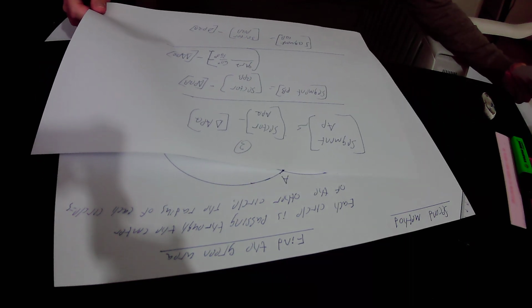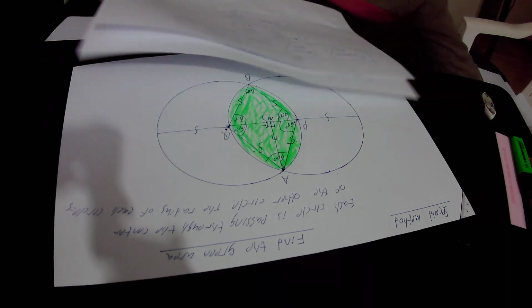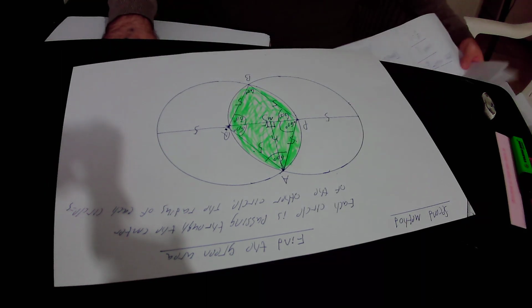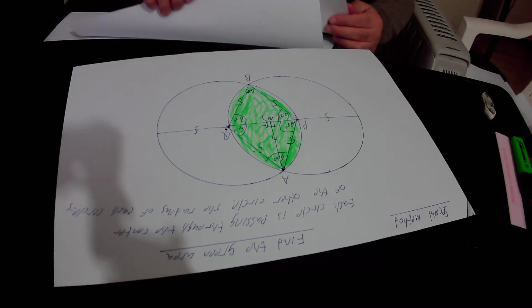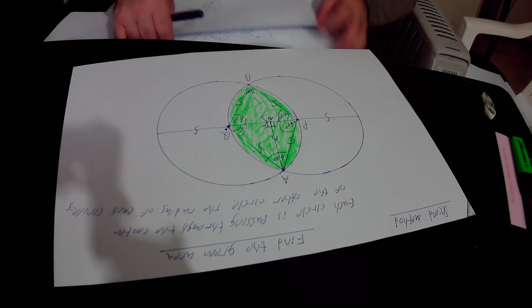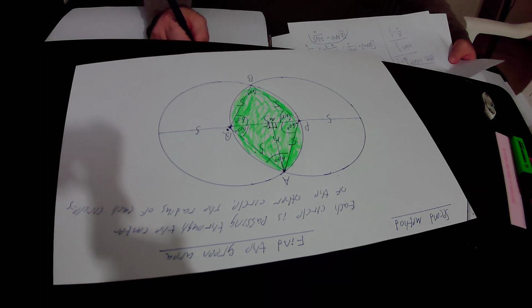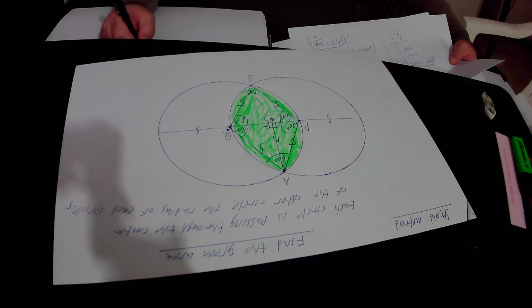So, the required area will be equal to 2 times the area of triangle APQ plus 4 times the area of segment AQ.